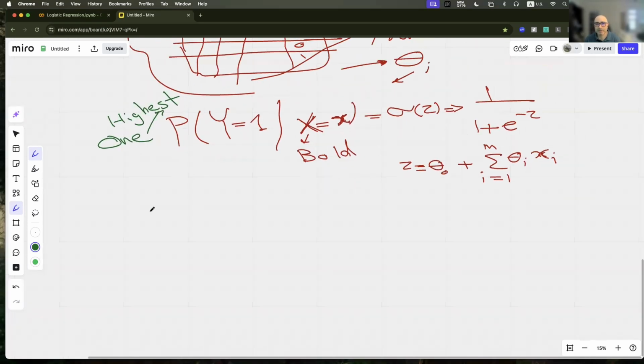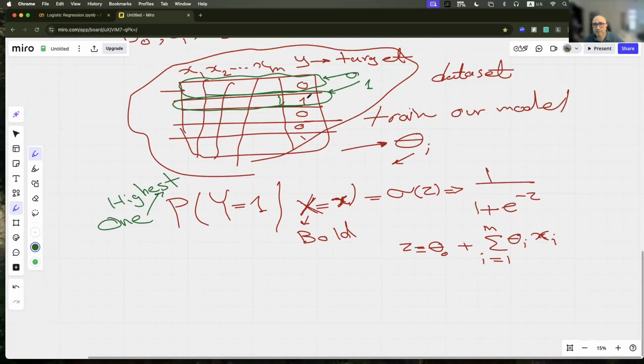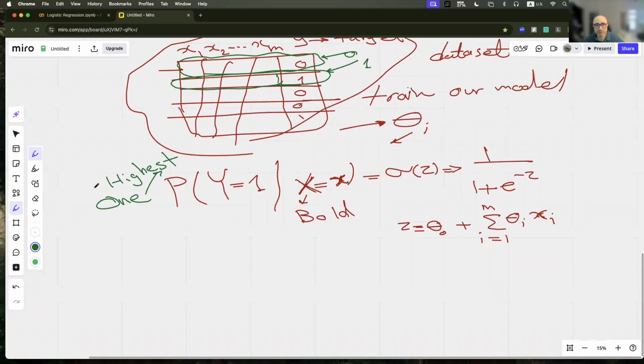So how do they write these two cases? For this sample, for instance, we want to make sure that our model predicted correctly and the target is one. And in this case, we want to be 100% sure, that's the ideal, that this target is zero.